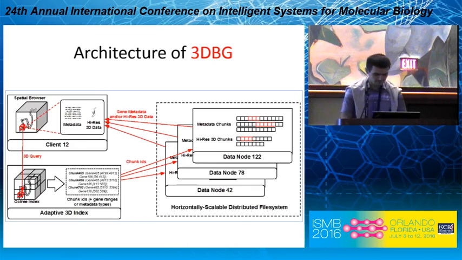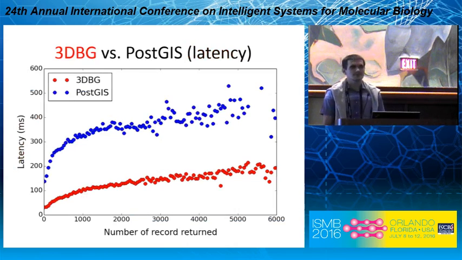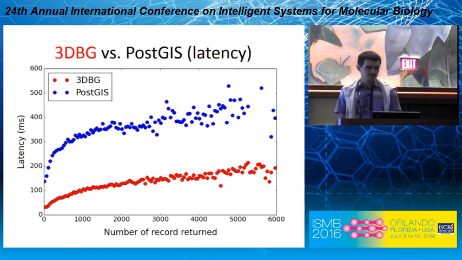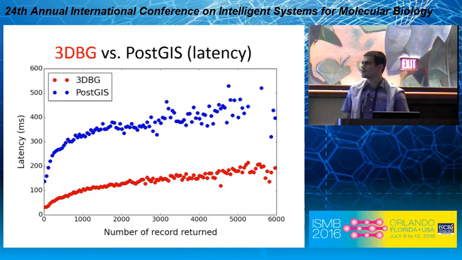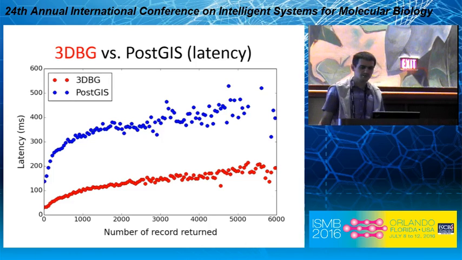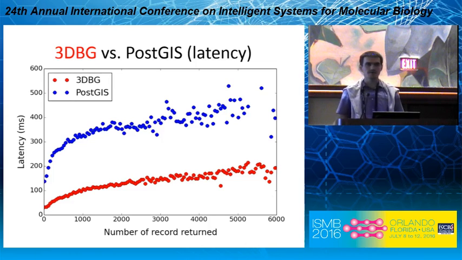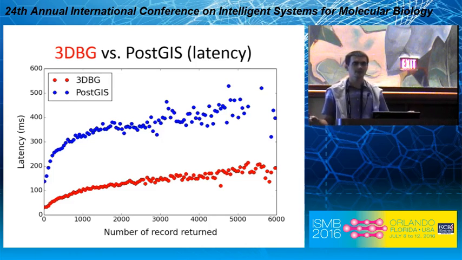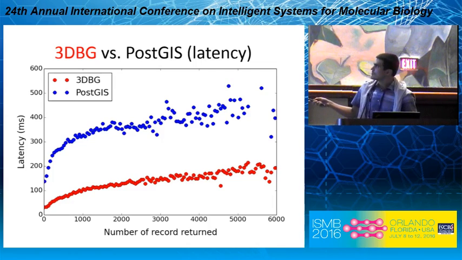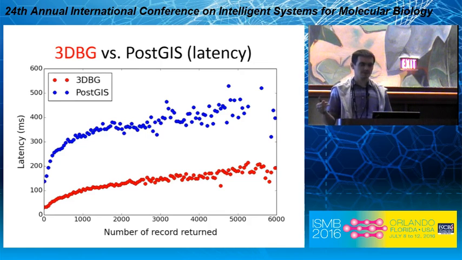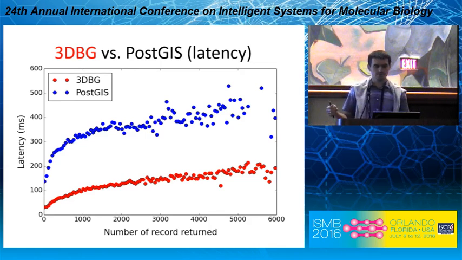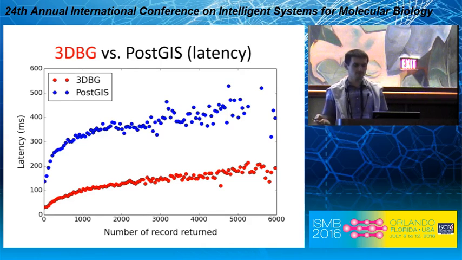Well, plus minus. So we were trying to compare the 3DBG with some state-of-the-art solution. Probably you know the most frequent way to handle spatial data is R-trees, so rectangular trees. And we chose PostGIS because it provides a kind of index which is very efficient and very simple to use.